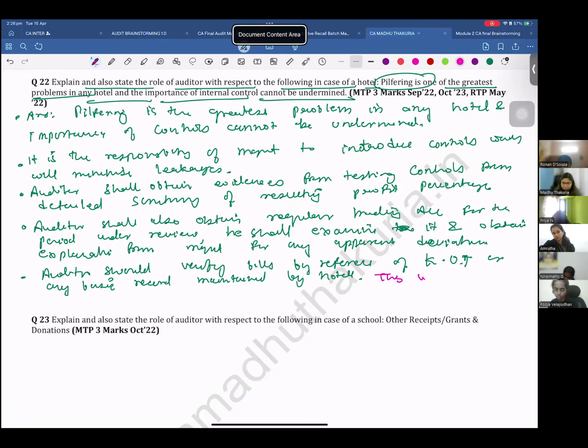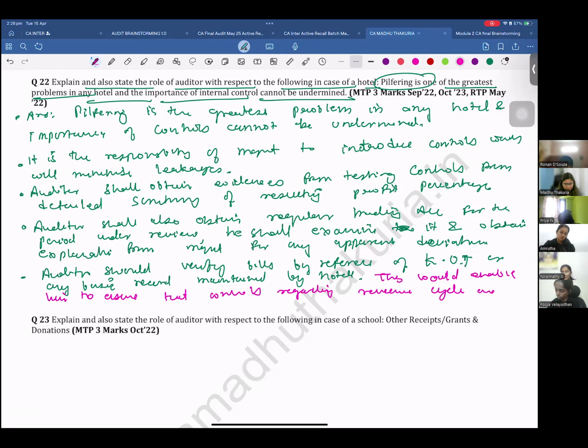This would enable him to ensure that controls regarding revenue cycle are proper.